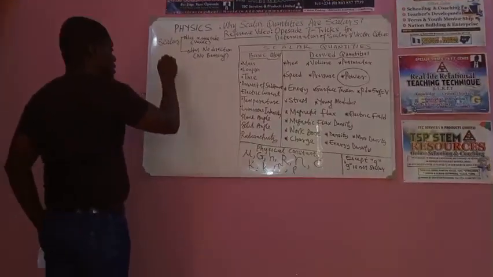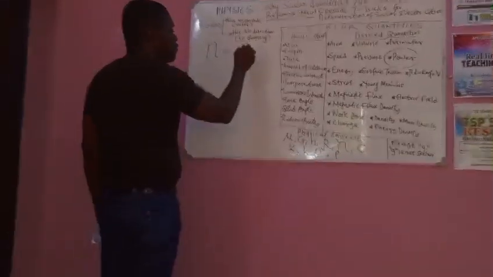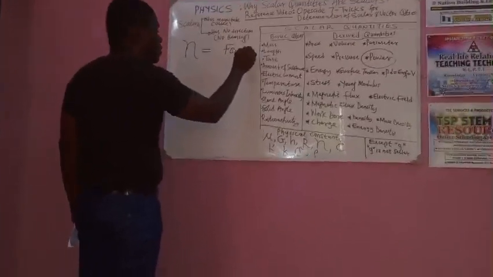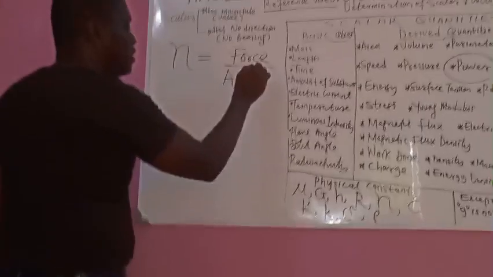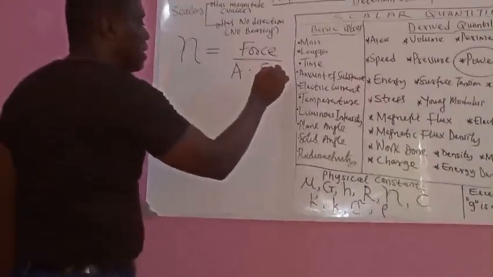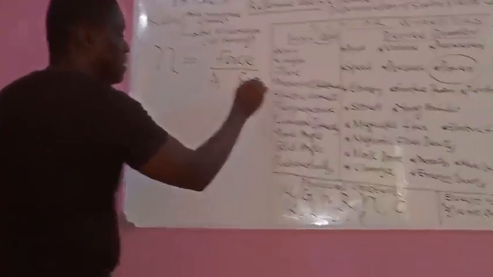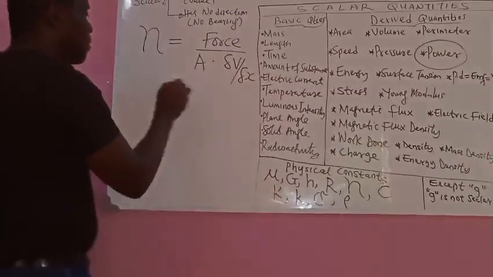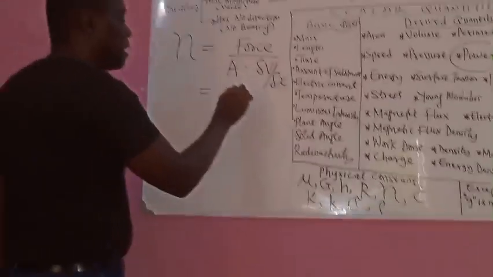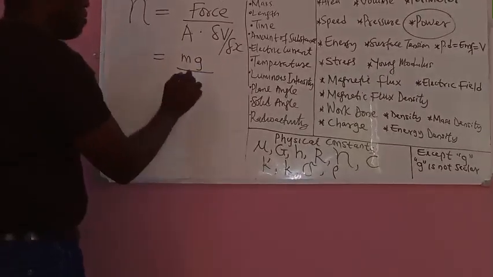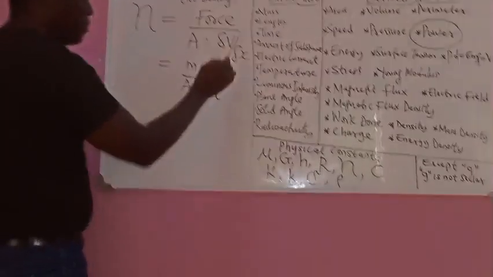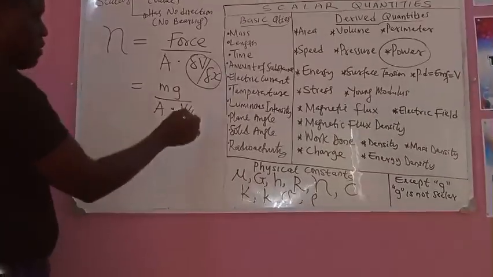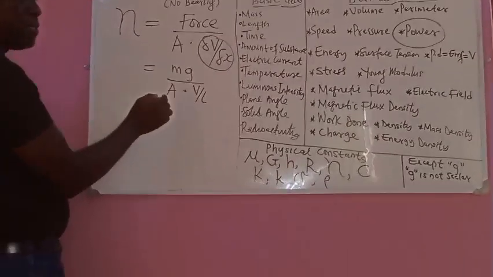Coefficient of viscosity is actually force per area per change in velocity, the velocity gradient, dV/ds. Now, force is mass times acceleration. This is area. This is velocity V over L. Okay, this one is velocity over L. Now, let me symbolize it.